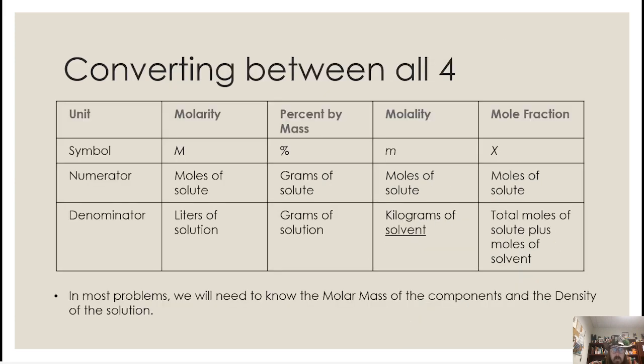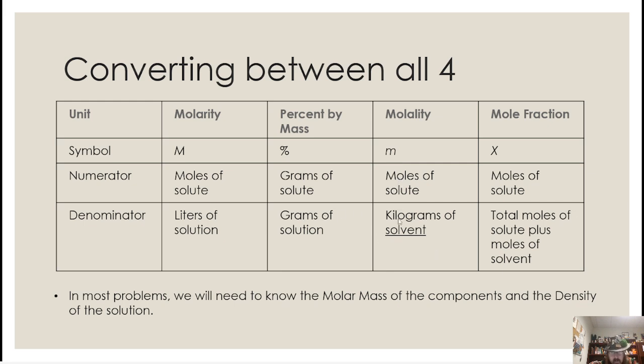So here's a quick summary of all four and how to convert between all four. We have molarity, which is moles of solute over liters of solution. We have mass percent, which is grams of solute per grams of solution. So we can use density to get liters to grams. We can use molar mass to get moles to grams. Molality is moles of solute over kilograms of solvent.